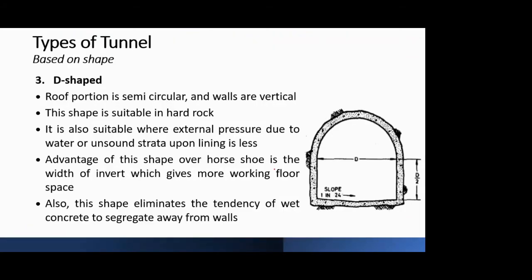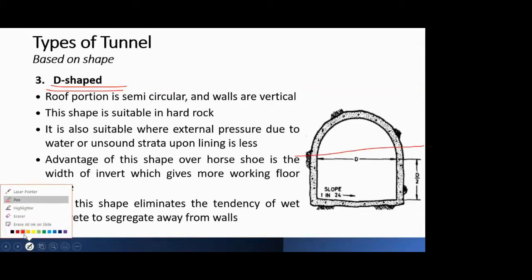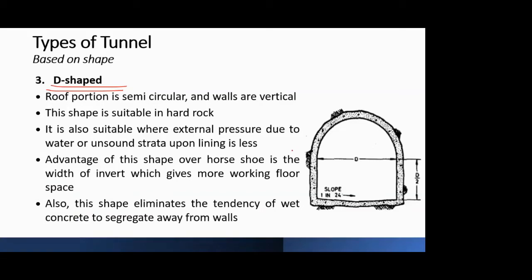The next type based on the shape is the D shape. Now from the name itself you can very well guess what a D shape is going to be. It is actually a D just placed vertically. So again, if I divide it into two portions, the roof portion or the roof section is exactly semicircular in shape.